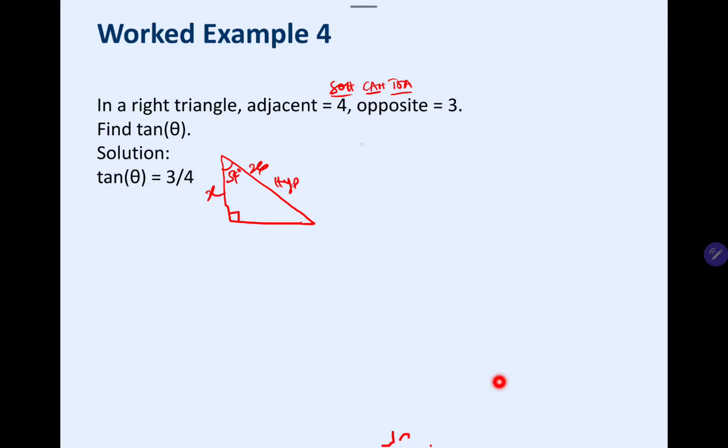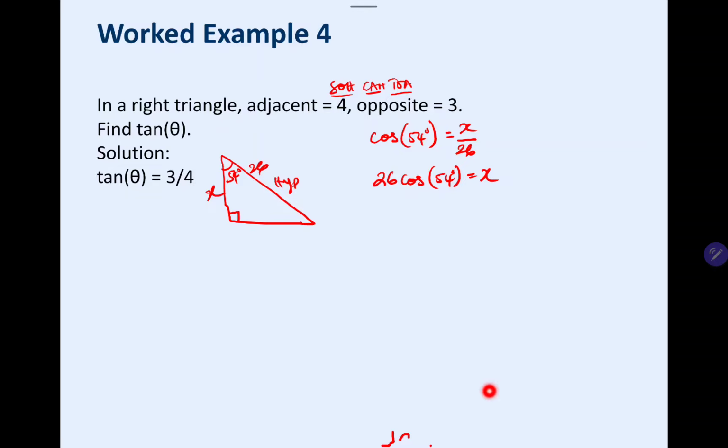So we can then say cosine 54 degrees is equal to the adjacent side, x, we don't know what that is, over the hypotenuse of 26. Okay, so if we cross multiply, we're going to have 26 cos 54 degrees is equal to x.